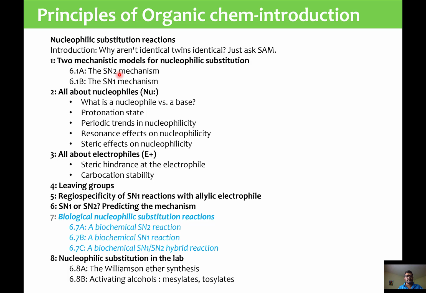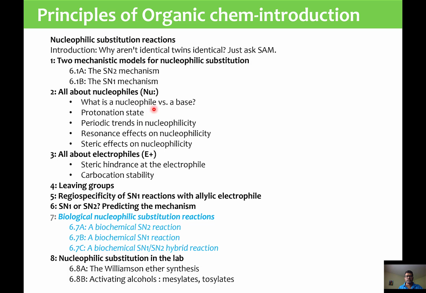From your word cloud and the recorded lecture, and using the text, you should know by now what a nucleophile is. The nucleophile is a Lewis base that donates electrons to make a bond with carbon, mostly.